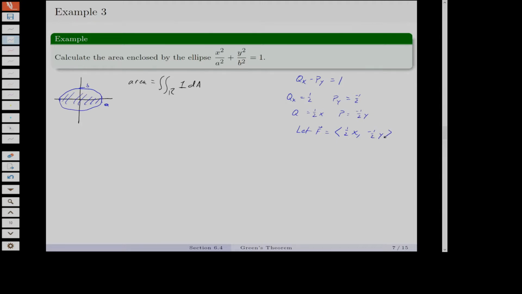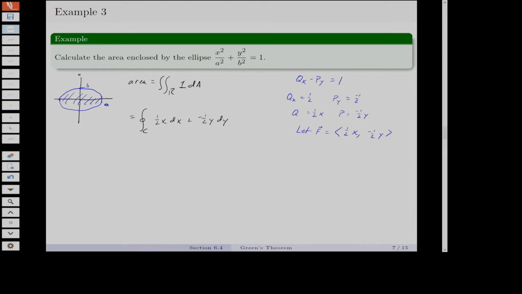Okay. So then I can turn this from a double integral over R into a line integral over C, okay, of 1/2 x dx plus negative 1/2 y dy, where I have to have a parameterization of my ellipse.